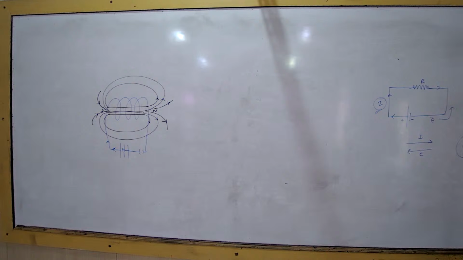In metallic wires, electrons constitute the flow of charges.